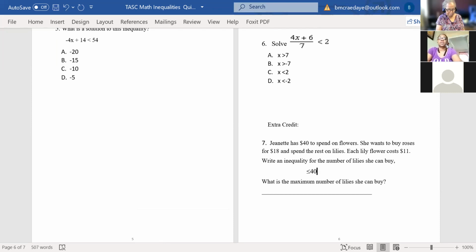The $18. Yeah, she's buying roses for 18. So that goes on the left. So we have 18 and what else? What else does she plan to buy? She wants the rest to buy lilies. Yes. So how do we write the $11 for the lily flowers?